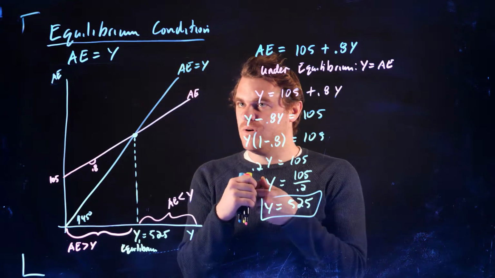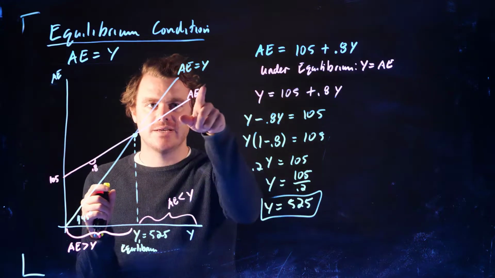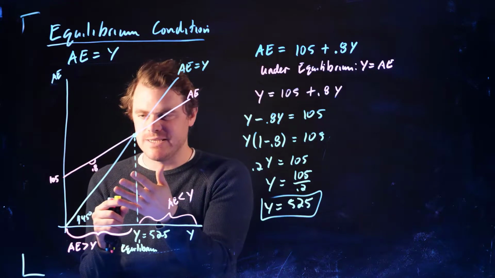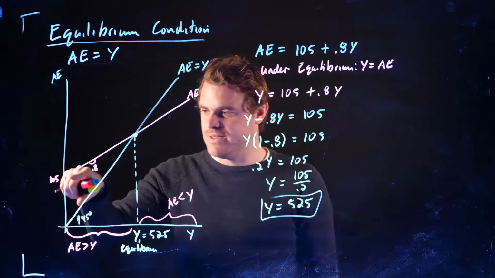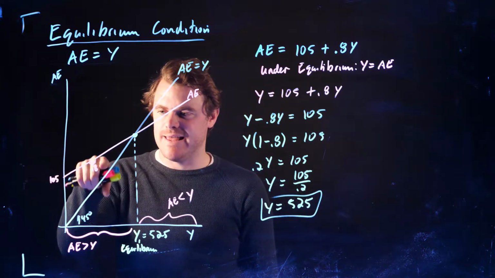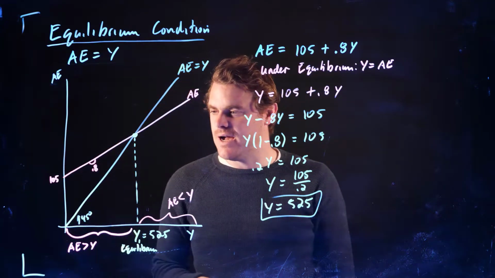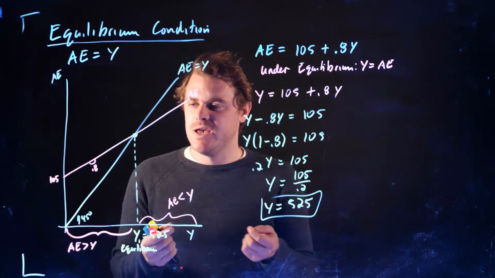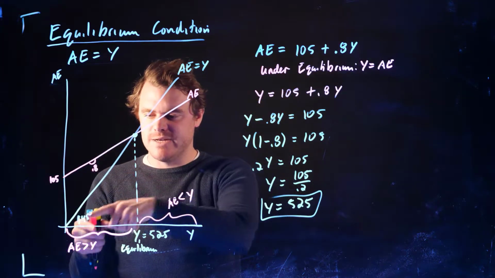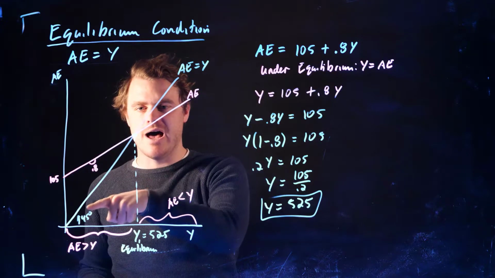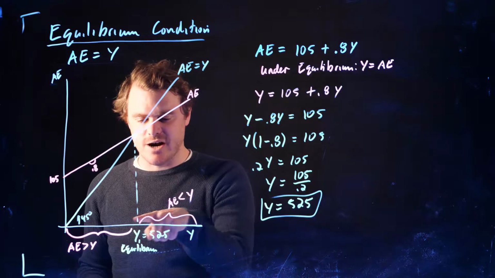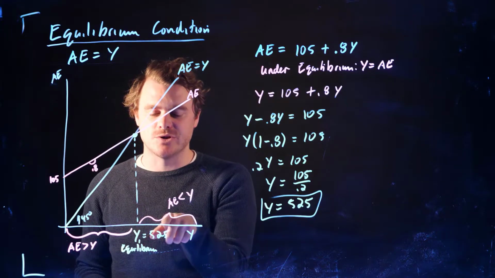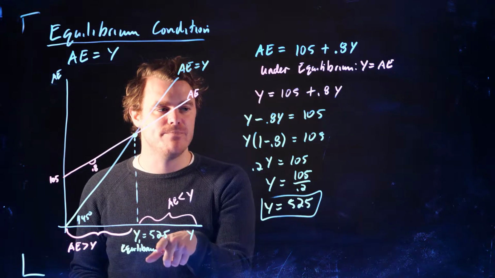Okay, so we know how to draw out this AE function with this example. We're going to have to make it a little bit more general. Instead of having these numbers, maybe we'll have letters to indicate different possible numbers. Now we can invoke our equilibrium condition, which is this 45-degree line, and where the AE function crosses this equilibrium condition is our equilibrium level of actual GDP or actual national income.